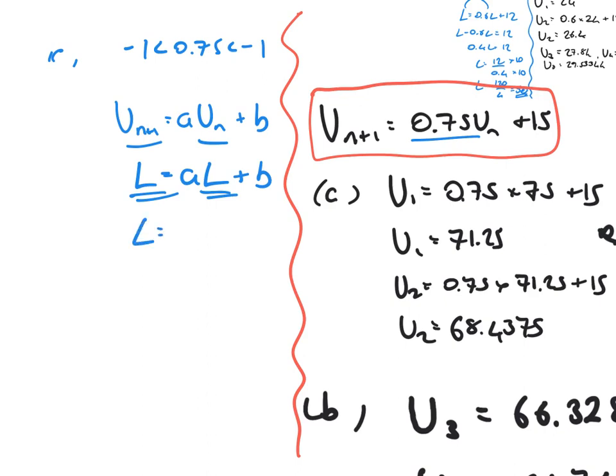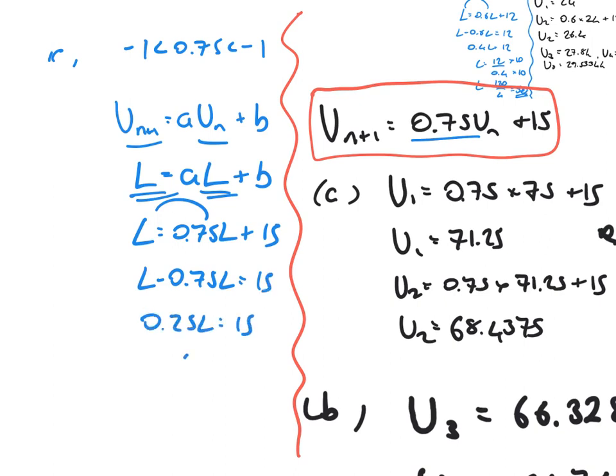So that's L = 0.75L + 15, L minus 0.75L equals 15, 0.25L equals 15, L equals 15 over 0.25. I can multiply top and bottom before and keep away from the calculator, and that will give me 60 over 1, and the limit is equal to 60.